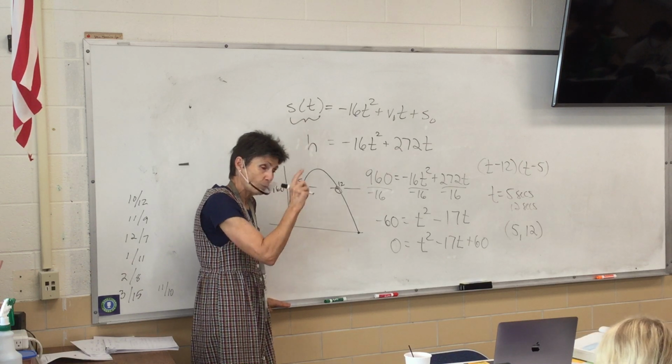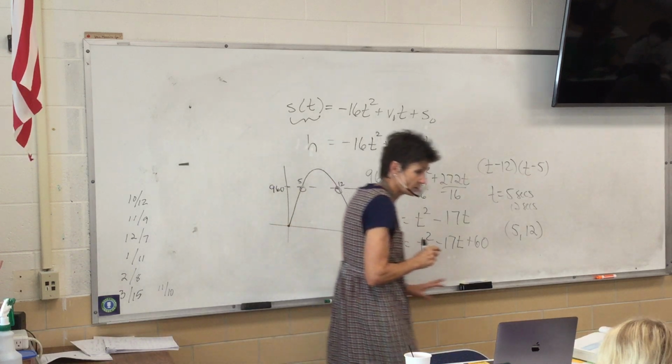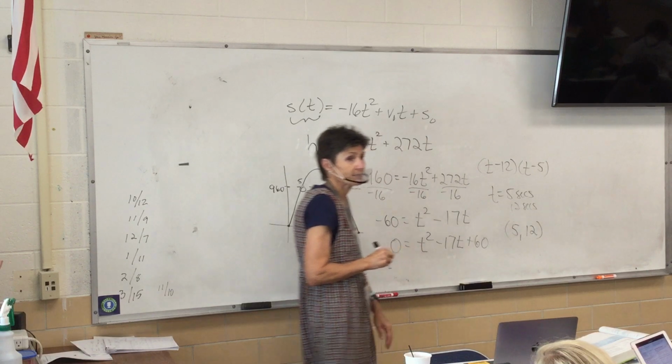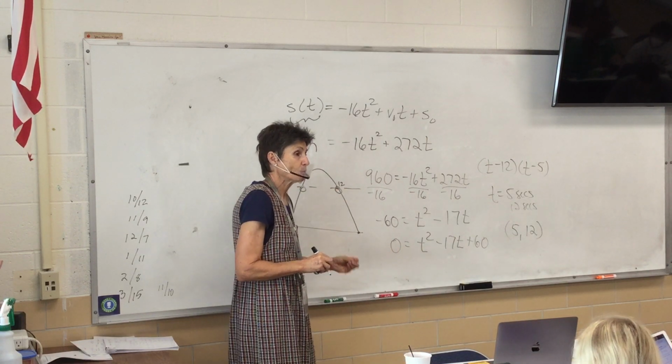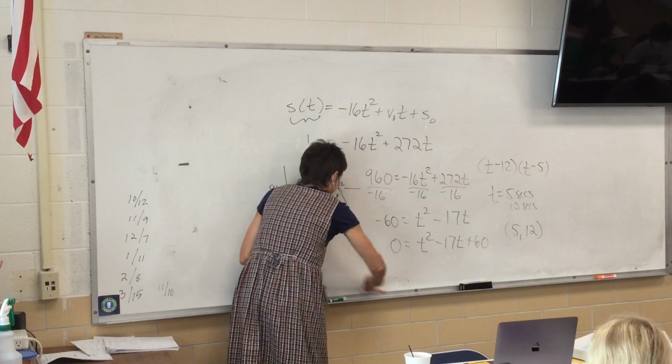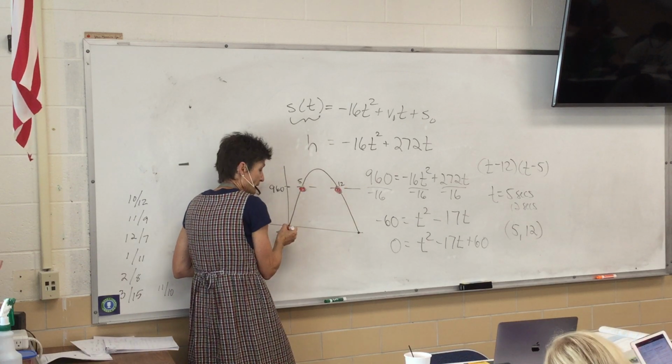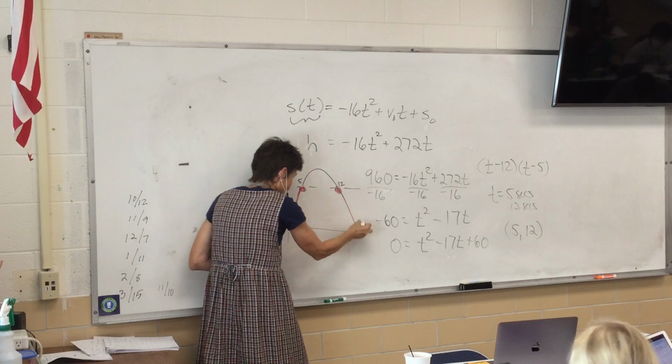Now the tricky one is the last question. When will it be less than or equal to 960? Less than or equal to. So aren't we talking about those two points and this and this?